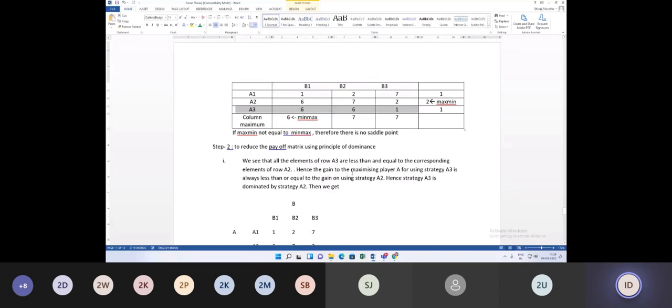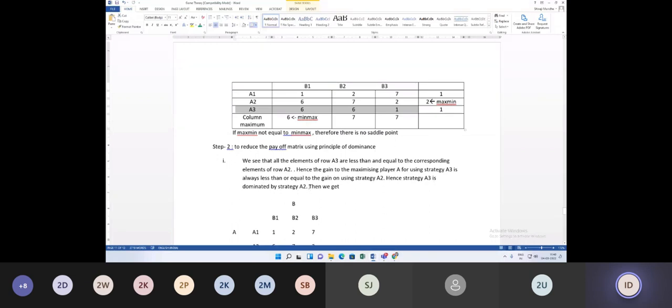Hence, the gain to the maximizing player A using strategy A3 is always less than or equal to the gain on using strategy A2. Hence strategy A3 is dominated by strategy A2.